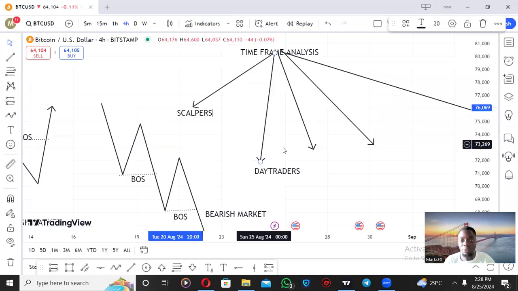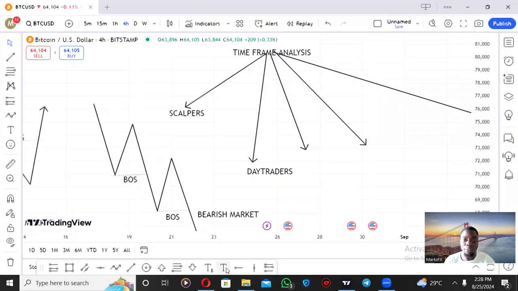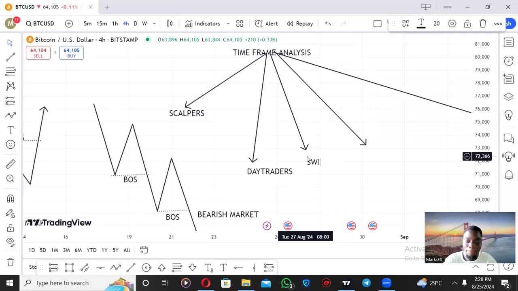We have scalpers, we have day traders, we have swing traders. We need to know their time frames, because their time frame matters.